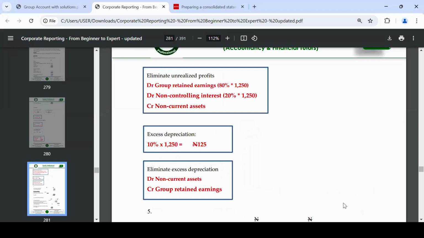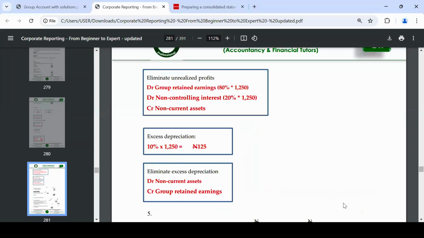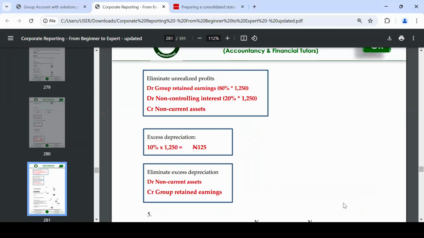Now, how do we treat this unrealized profit? Since it is the subsidiary that sold, it is the subsidiary that owns the unrealized profit. You see how it is shared 80%, 20% of 1,250. Now, we are told that there is a policy from the group, they do 10% of course.